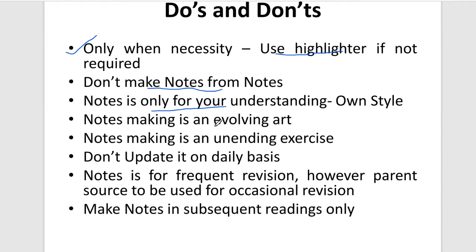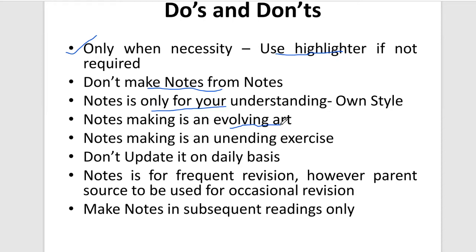Now the next point is that note making is an evolving art. What is the meaning of evolving art? Whenever you go for note making, say for example today you make a note of a chapter, say fundamental rights, after 6 months you will feel that you have written so many things in your note, and you should not have written so much.